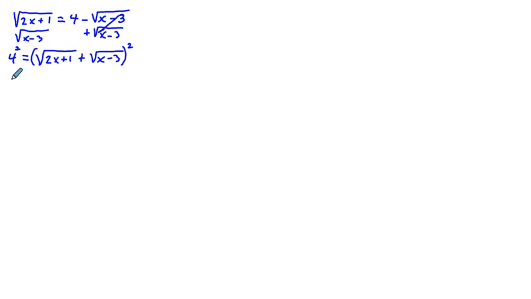And so now on the left side, 4 squared is 16, and on the right side what we have is the first term squared, so we have the square root of quantity 2x plus 1 squared, and then we have plus 2 times the first term and the last term, so that's going to be 2 times the square root of quantity 2x plus 1 times the square root of quantity x minus 3, and then finally we have plus the square root of quantity x minus 3 squared.